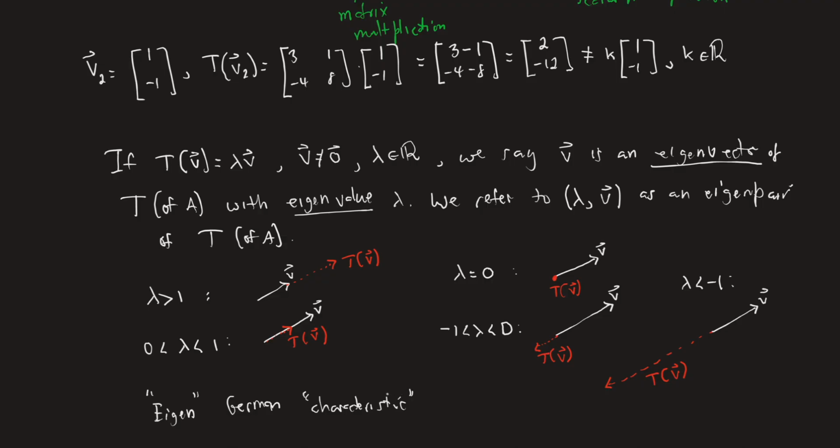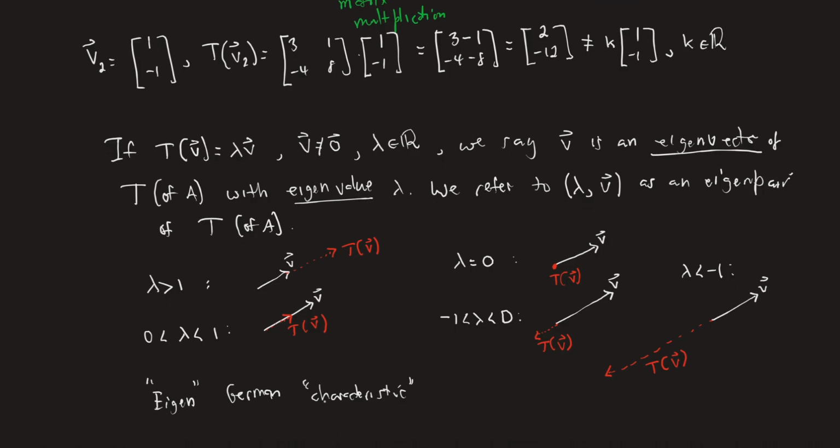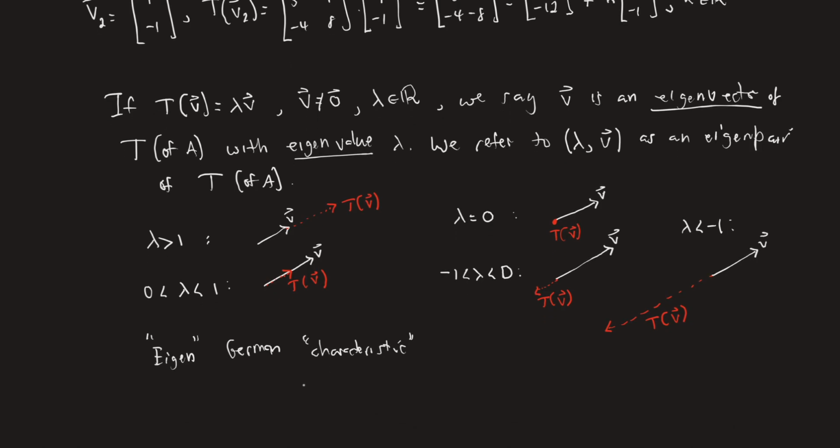So it talks about almost like the character of the linear operator, in that what does it do to these special vectors, right? And the word characteristic is going to come up in subsequent videos when we go a little bit deeper in this topic.